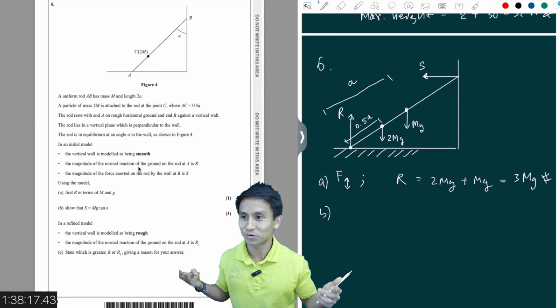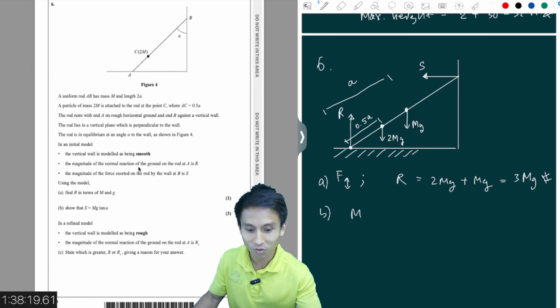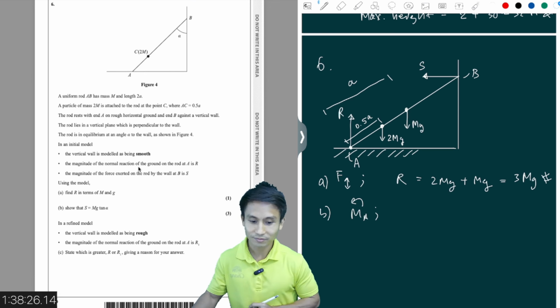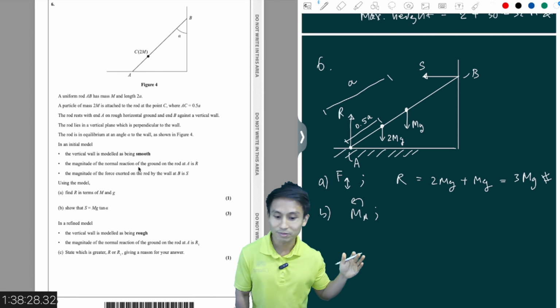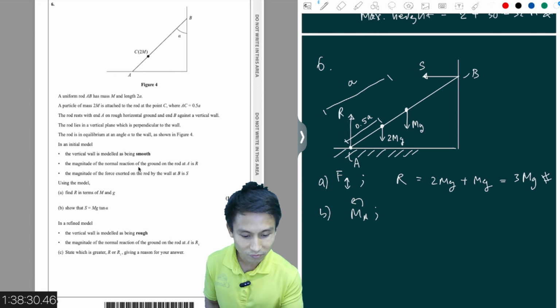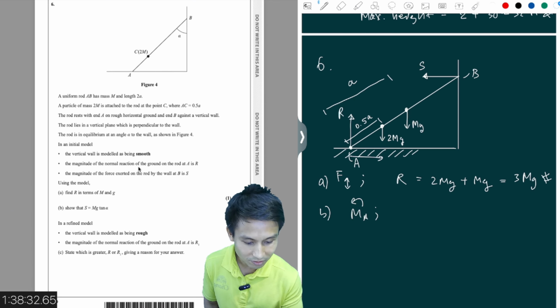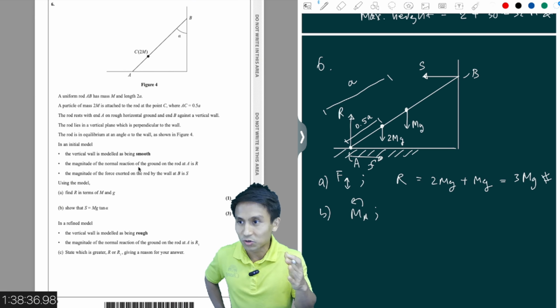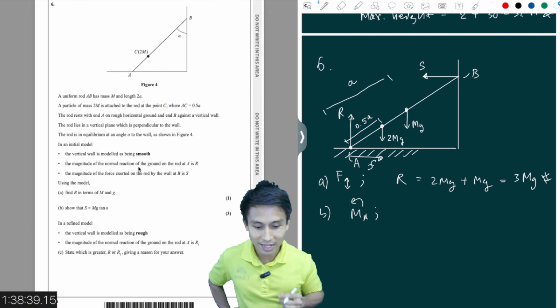Because it's simple. You just take moments about point A, which is down here. This is point B. I can ignore the force R completely because there's also friction, don't forget, and friction is probably acting to the left there. Because we don't know what friction is, we should take moments at that point.